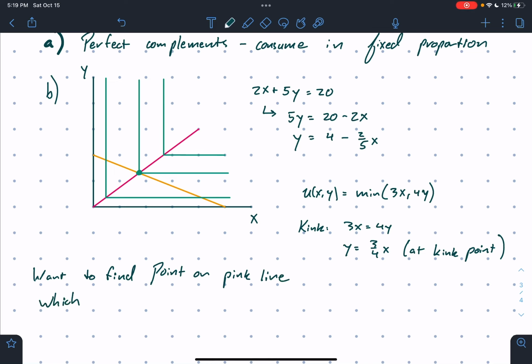So we want to find the point on the pink line, this one right here, which also lies on the budget line.